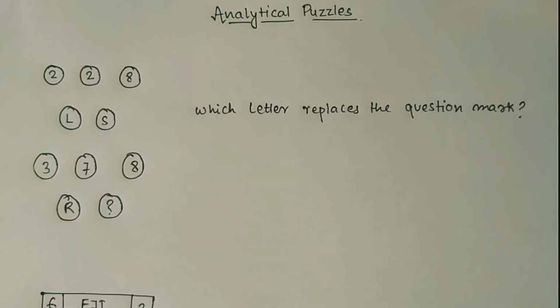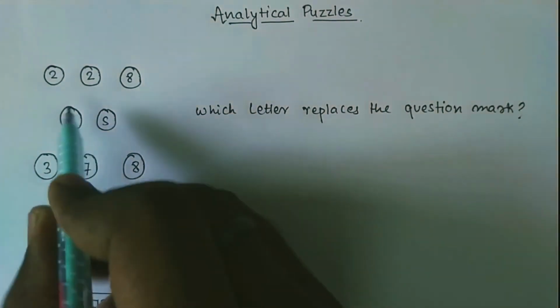So first of all, in this type of question you should always keep calm and read the question very carefully, and see the diagram, how the letters and the numbers are related among themselves. If you find the relationship and it is foolproof, then you got your answer. So here, as we can see, there are two letters and here are numbers.